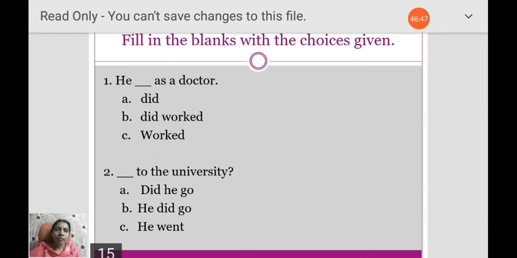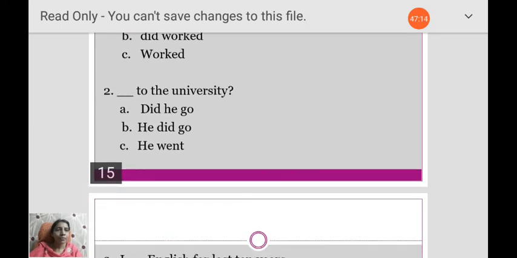He worked as a doctor. Did he go to the university? There is a question mark, and that's why we need to make a question. So did he go to the university is the question. Helping verb always comes in the beginning when we make questions. Did he go? It's a matter of common sense. Did he go to the university?